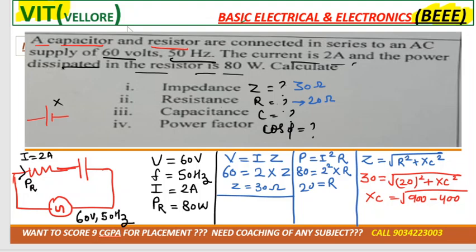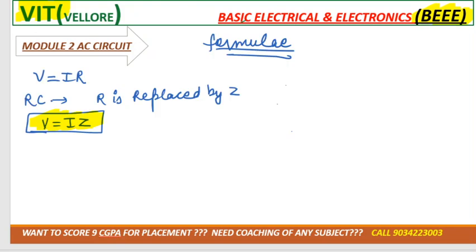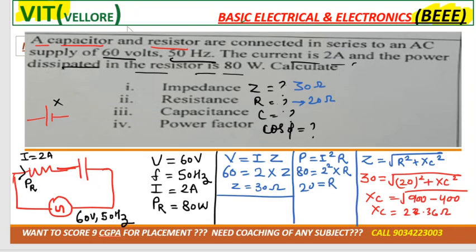Calculate it and tell me the value. XC you got as 22.36, right? XC is equal to 1 over 2 pi FC. 2 we know, pi we know, F we know, XC we know. Can we get C? You can calculate it on your own.